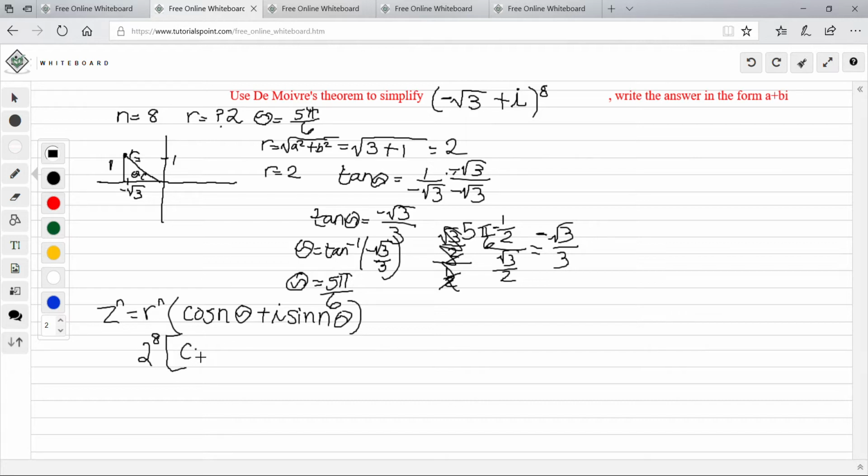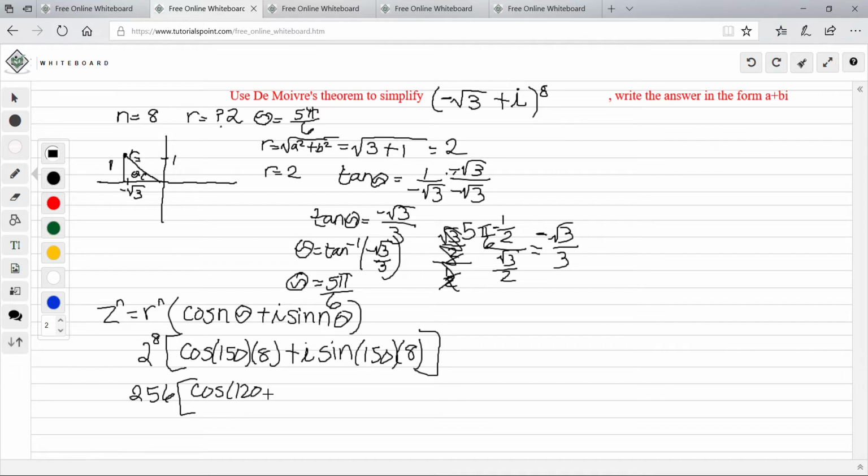So that's 2 to the 8th, which is 256, times cosine of theta, which is 150 degrees, times 8, plus i sine of 150 times 8. That's cosine of 1200 plus i sine of 1200.